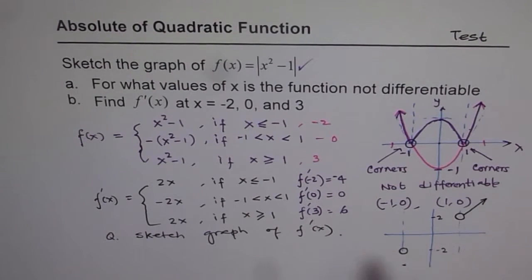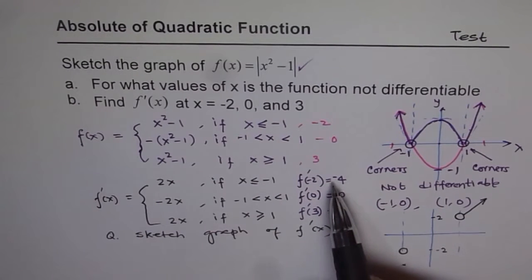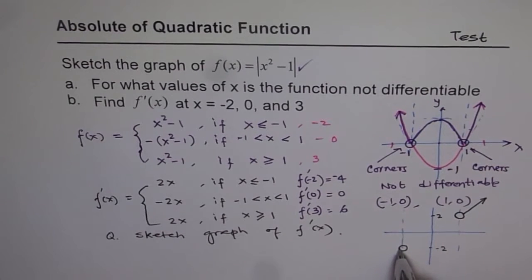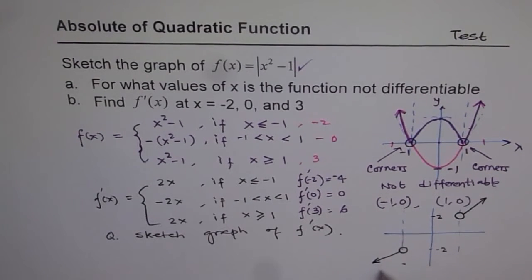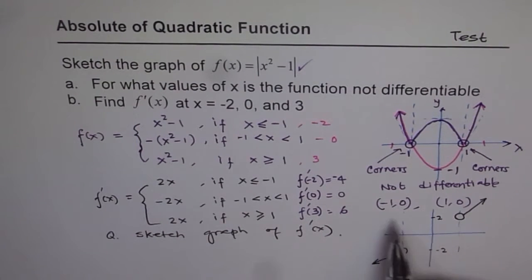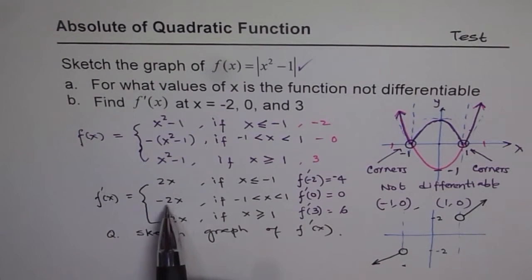correct? Now on this side, when you plug in points like minus 2 and so on, you get minus 4. So it's a line going downwards, more and more negative, right? So it will be a line like this, with a slope of minus 2, okay? Now, how about in between? In between, the slope is 0. You see, at 0, it is 0. But if I plug in minus 1, it approaches a value which is 2, right?